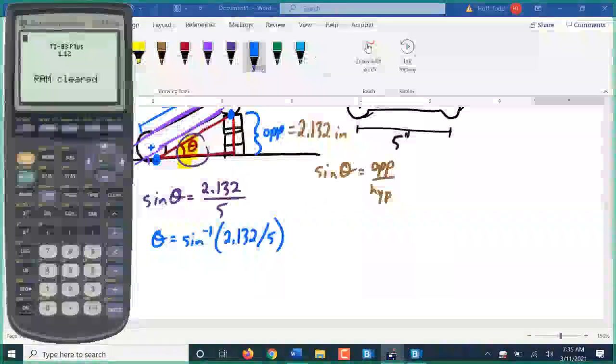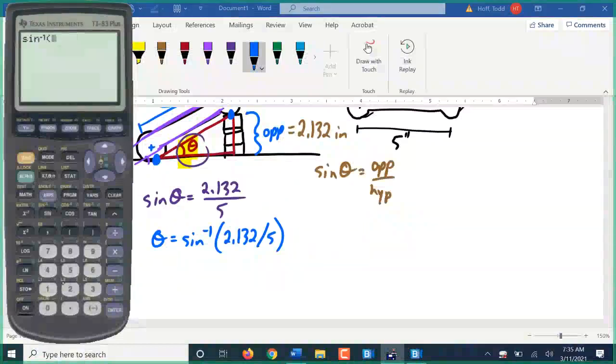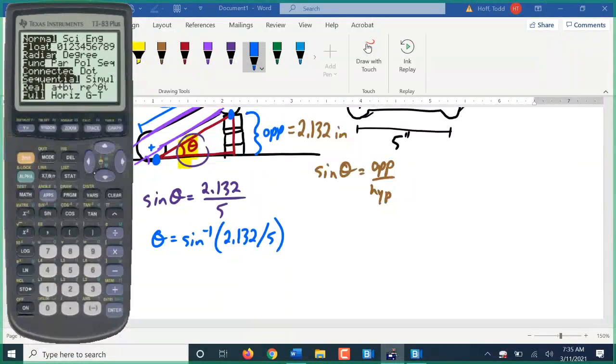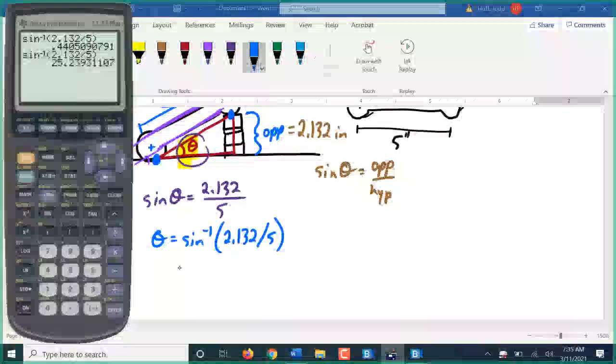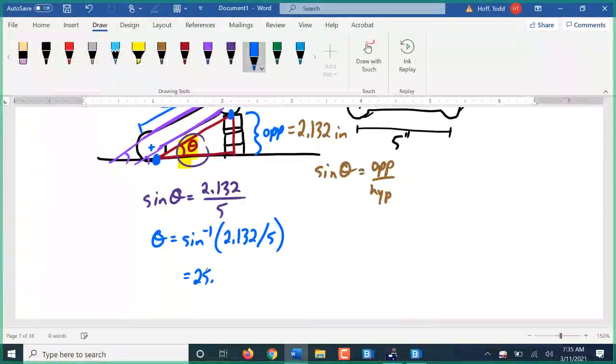So it'll be second sine 2.132 divided by 5, close the parentheses. We get, oops, I've got to change my modes again. So let's try that again. 25.24 degrees. So the angle we have there is 25.24 degrees.